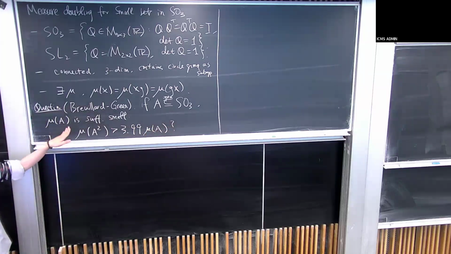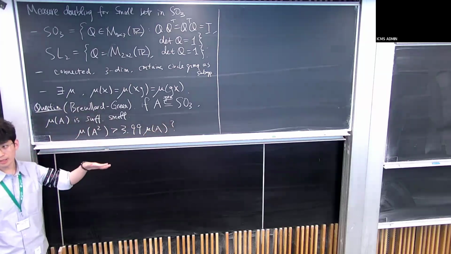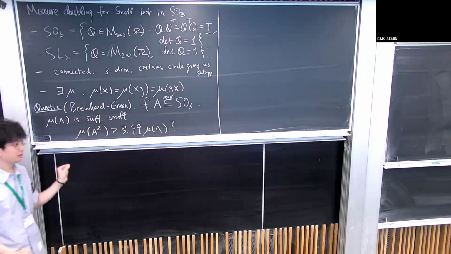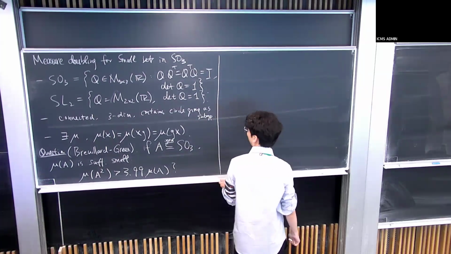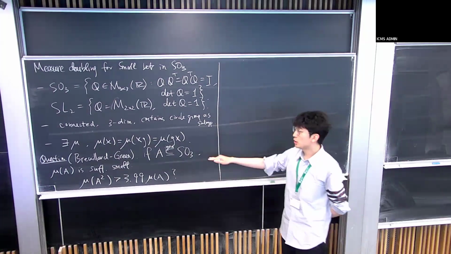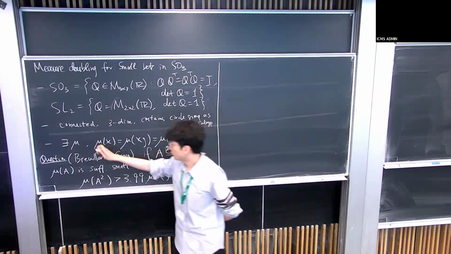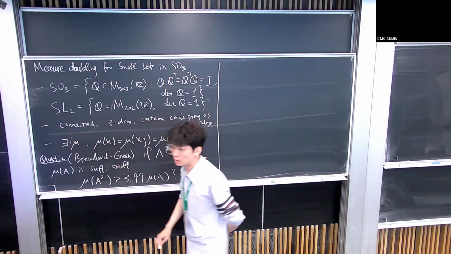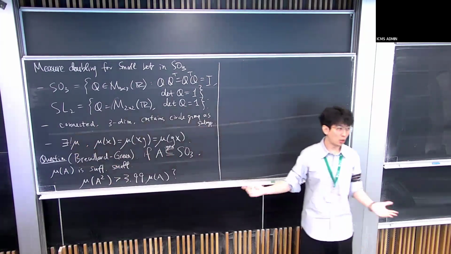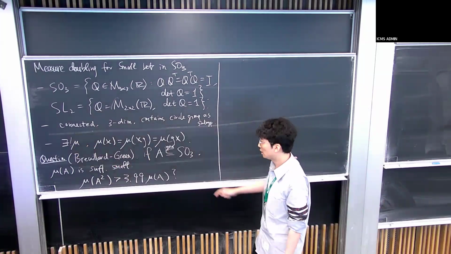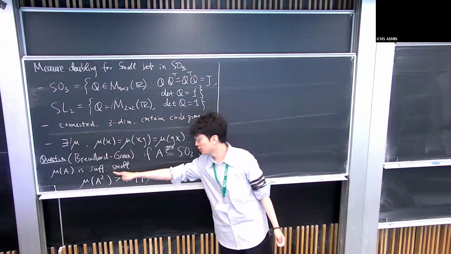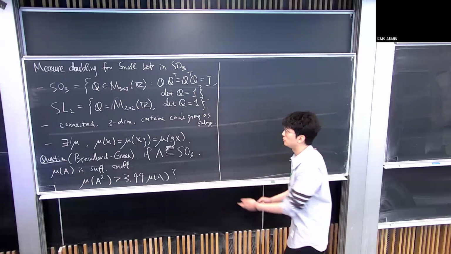Here, as usual, A squared is just the product A times A, meaning the collection of all products ab where both a and b are in A. So maybe one thing I want to mention, here the measure is unique up to scalars. And when the group is compact, since the whole space is finite, we just normalize the measure so the whole group has measure 1, to make sure there's no confusion on this smallness assumption.